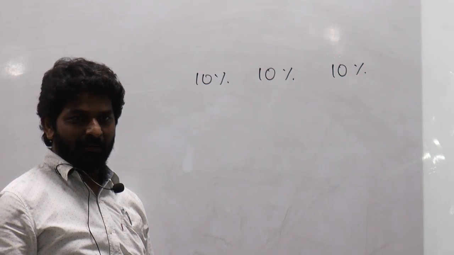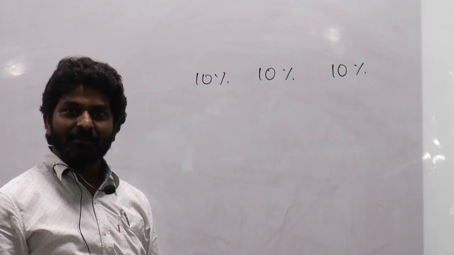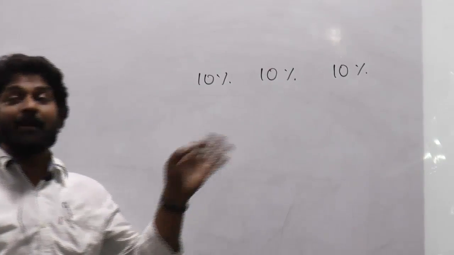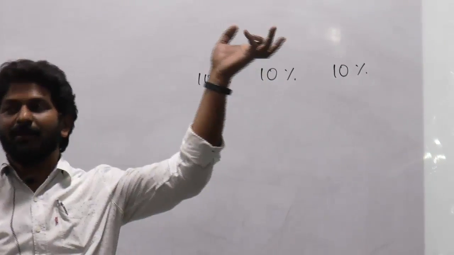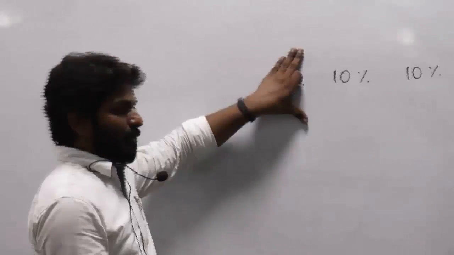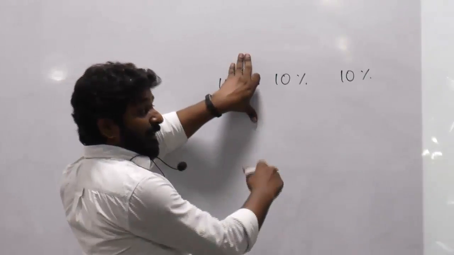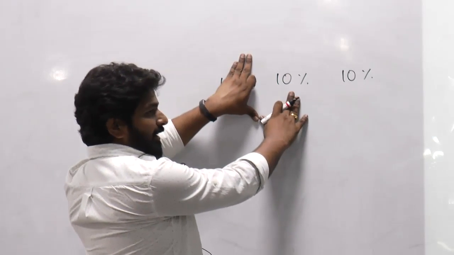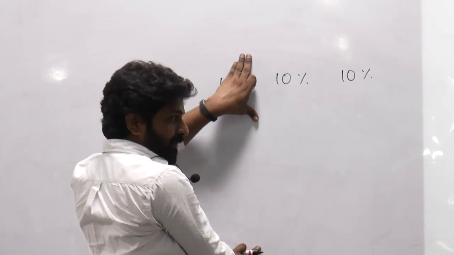That's it. What is the overall percentage? That's what we are discussing. We have 3 parts, and in every part if you get 10%, overall that will be equal to 10%. This part is already sold out. So as you are expecting 10% profit overall, on the second item you should get 10%, and on the third item also you should get 10%.